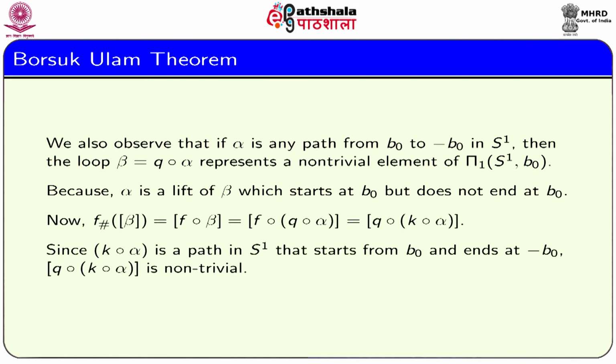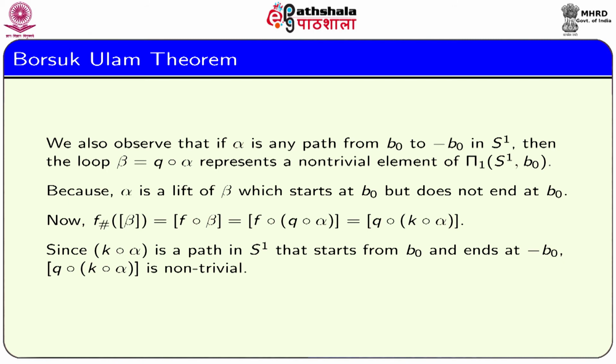Now, class beta, when plugged in, the expression of f sharp is equal to class of f composed beta by the definition of induced homomorphism, and that comes out to be equal to q composed k composed alpha class.